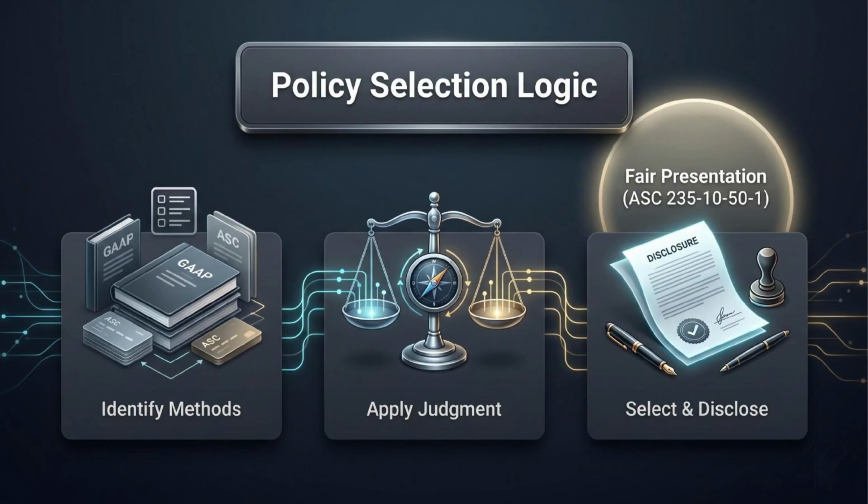Management must identify the acceptable methods, apply judgment, consider the entity's industry and transactions, select the method that best supports fair presentation, and then disclose the policy when it is significant. This is not random preference. It is professional judgment within GAAP boundaries. A policy note is not management saying, "We like this method because it looked nice." It is management explaining a method selected for the entity's reporting circumstances.